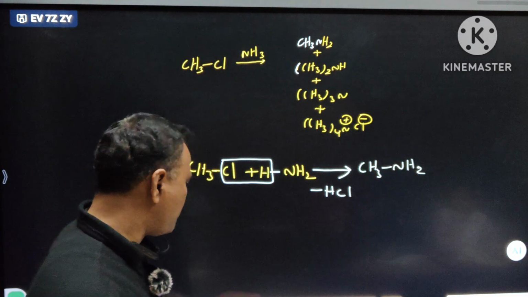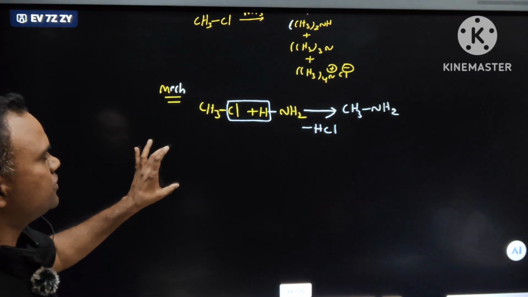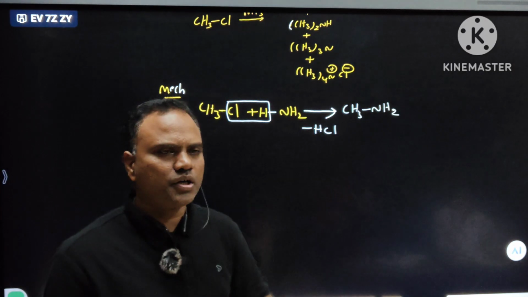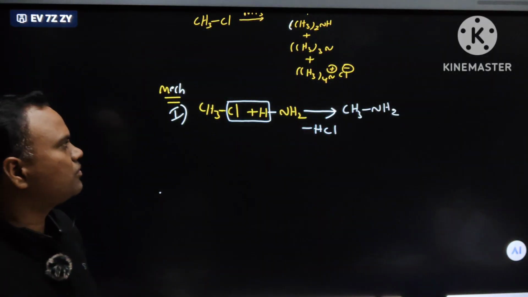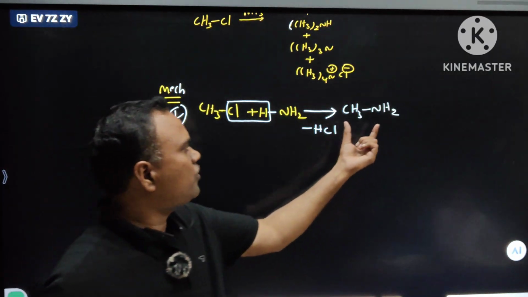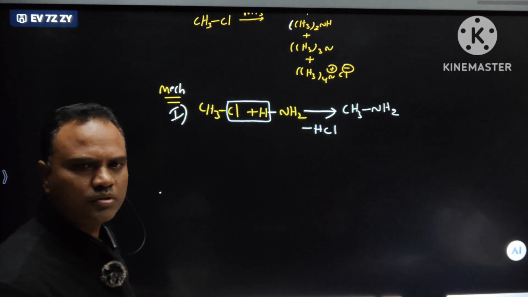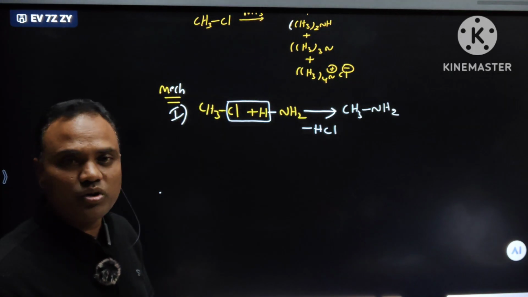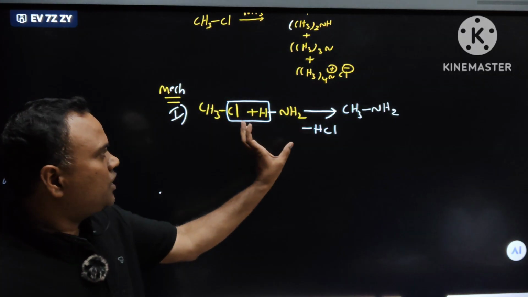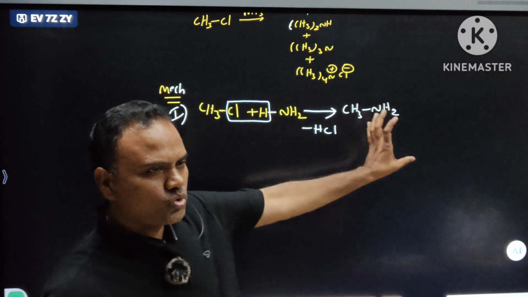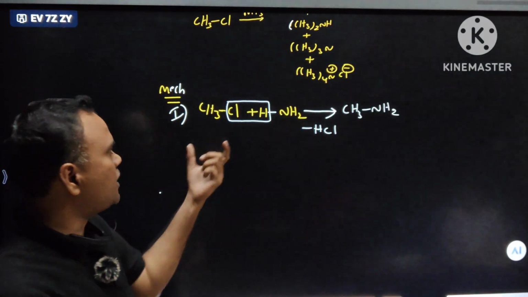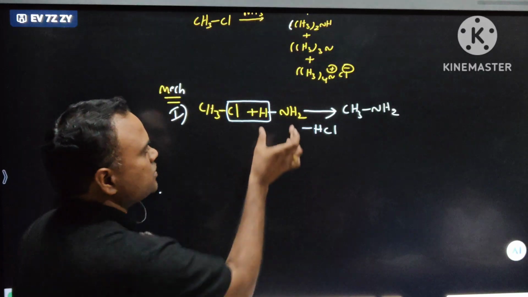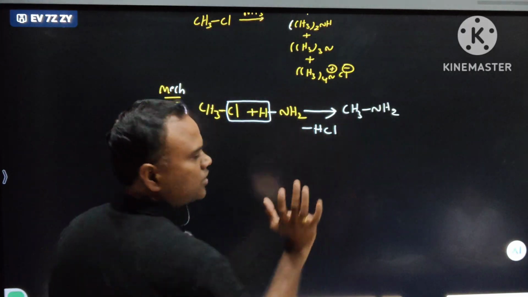Let us consider this as step 1 to understand easily. In step 1, you are getting which amine? Primary amine. Now the formed primary amine reacts with 1 mole of alkyl halide. NH3 or NH2 or NH will continuously react with alkyl halides. First you took alkyl halide reacting with ammonia, you got amine.